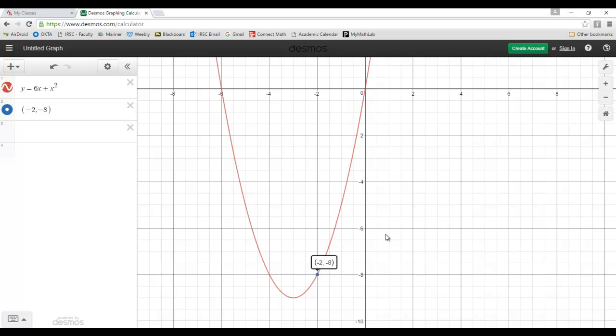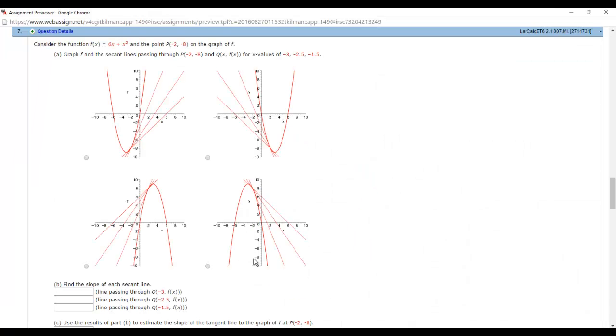Okay, now remember, what is a secant line? A secant line is a line that passes through 2 points on a curve. Okay, I'm going to turn that off so we can see better. Alright, so what's nice about Desmos is that it color codes everything. So we have a red parabola here, we have a blue point. Okay, so let's go back to the instructions. So we want to graph the secant line that passes through -2, -8, and then the corresponding points when we have these x values.